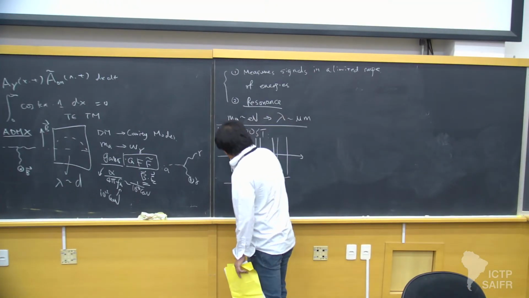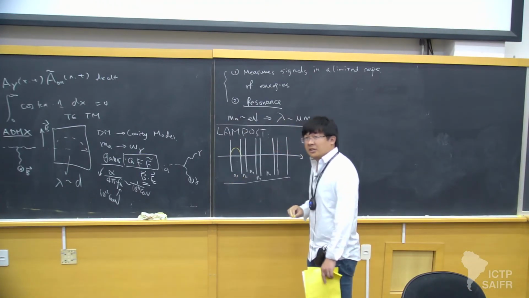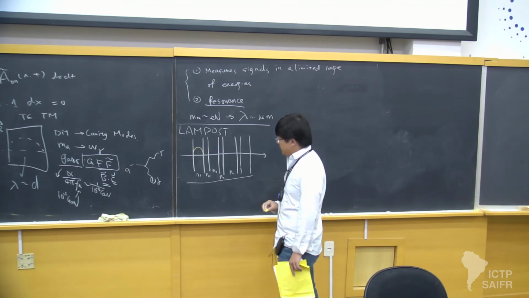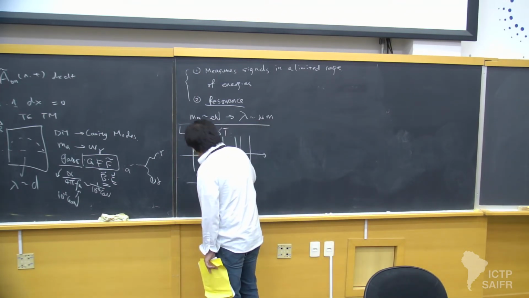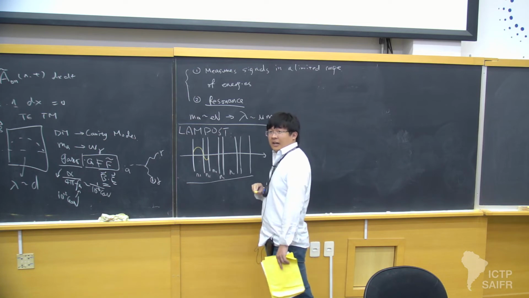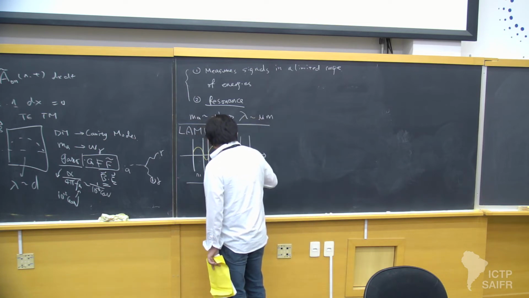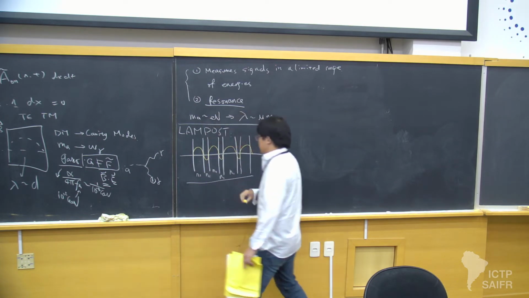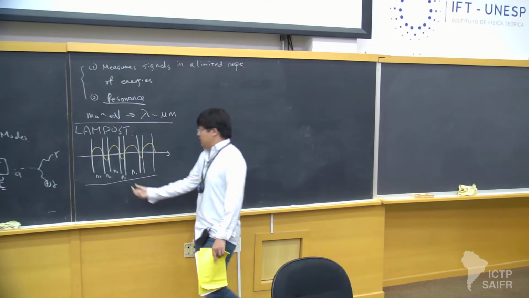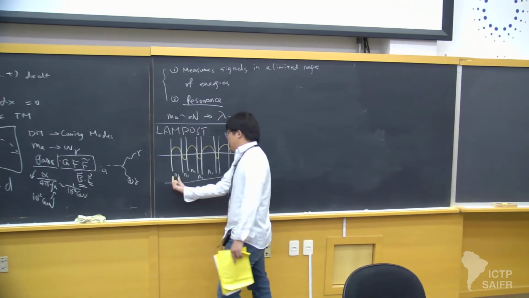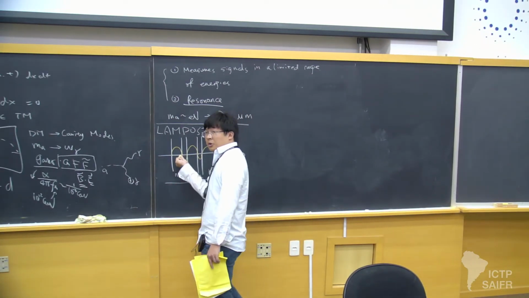So I put the photon wave function here, like in a cavity. In this part, I get a smaller amplitude. This part like this, okay? And the difference in the amplitude basically comes from the boundary conditions at this point.